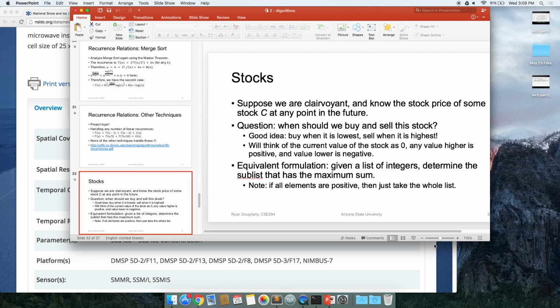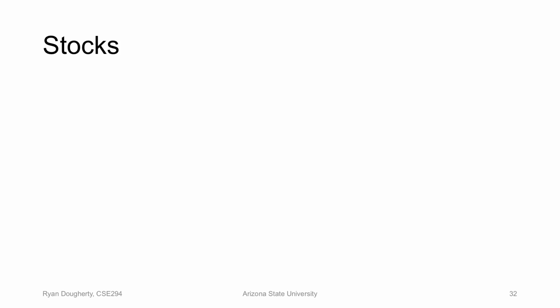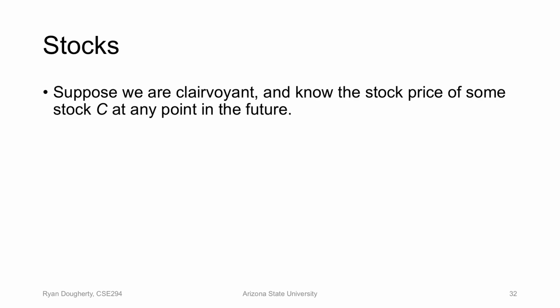Okay, so to get back to the material, let's look at one more problem that we started last time. So suppose we're clairvoyant, right? If I were clairvoyant, I'd be going on the New York Stock Exchange and doing stocks instead of doing this, but actually I might still be doing this. It would be nice to know, if we knew all stock prices in the future, when to buy and sell stocks, right?